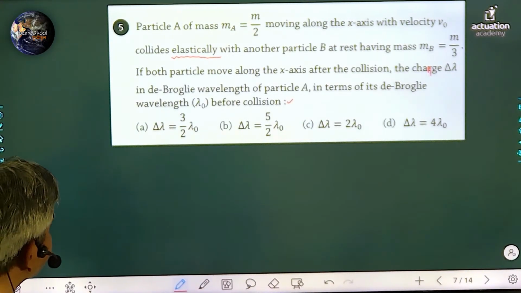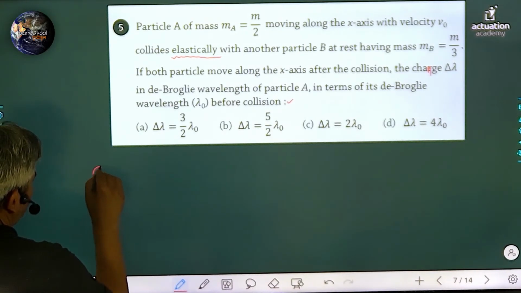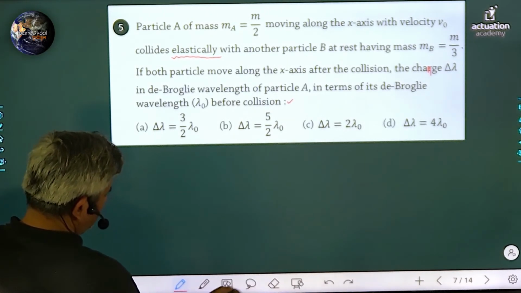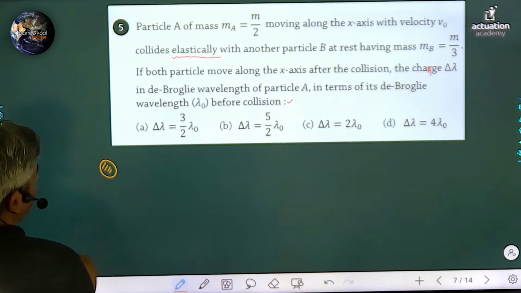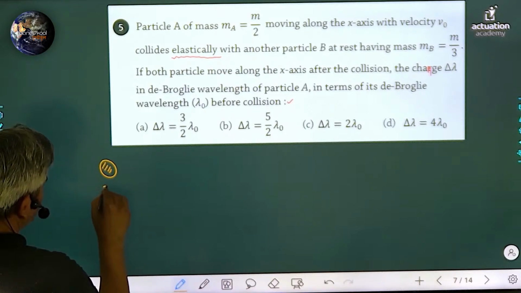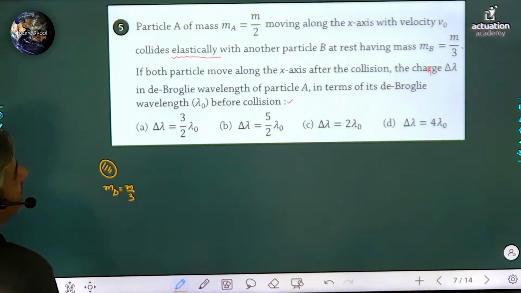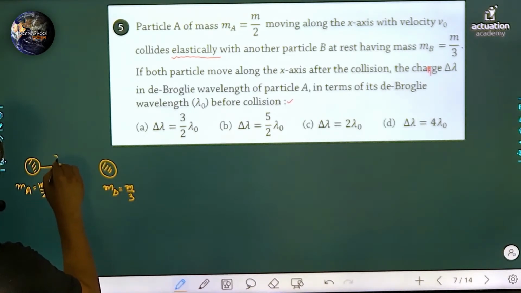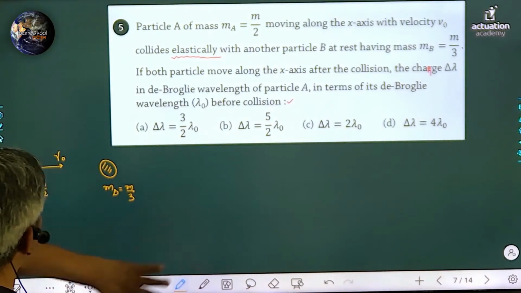So what the question tells us is that we have a particle B whose mass mb is m by 3, and there is another particle A moving with mass m by 2 and velocity v naught. First let's find lambda naught.